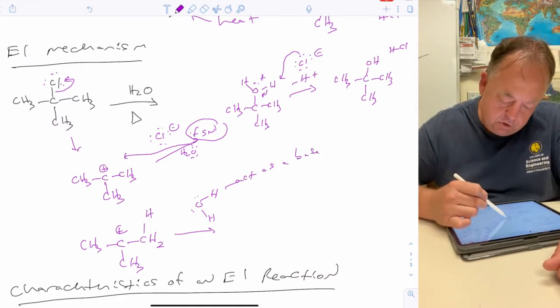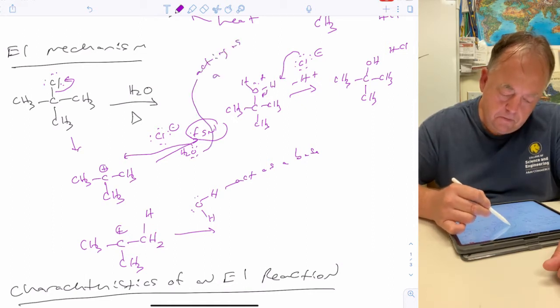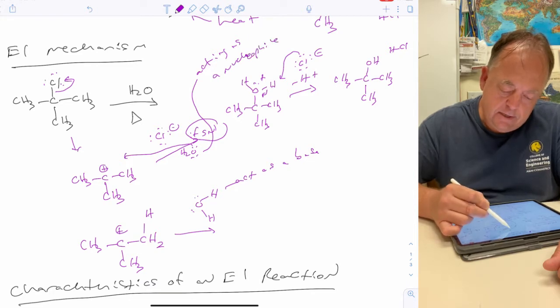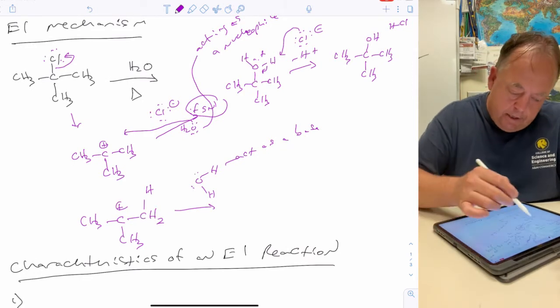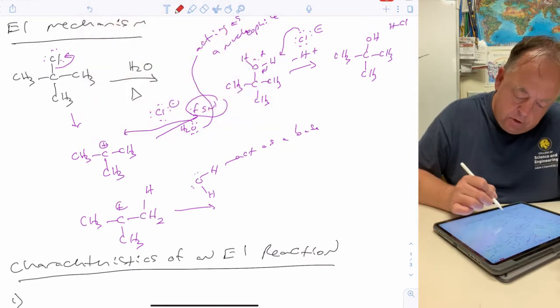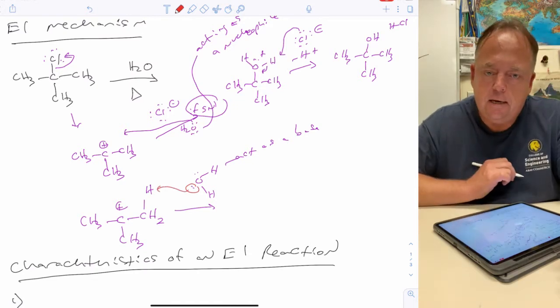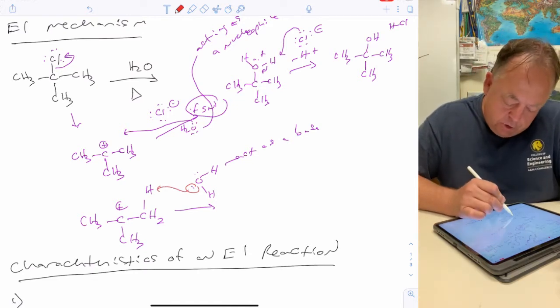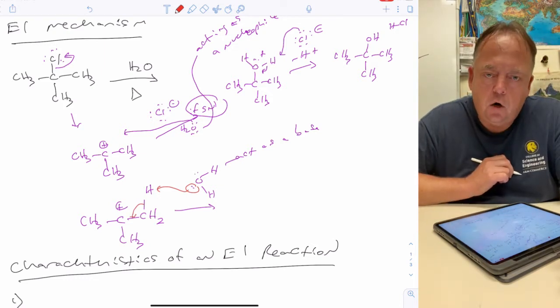In the SN1 case, H2O is acting as a nucleophile, but water can act as a base. And so what it can do is take a lone pair of electrons on water, and it can take a hydrogen atom off. And those 2 electrons in the C-H bond can become a carbon-carbon double bond.